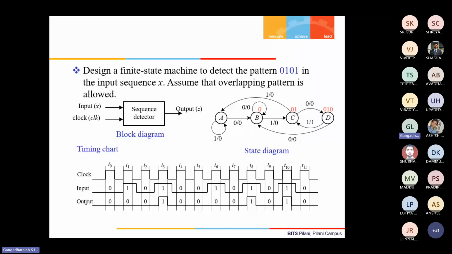Are you able to understand? As and when the clock hits, this happens everywhere. So now this becomes present state, this becomes next state. When I come to C, this C was the next state when I was in B as present state.